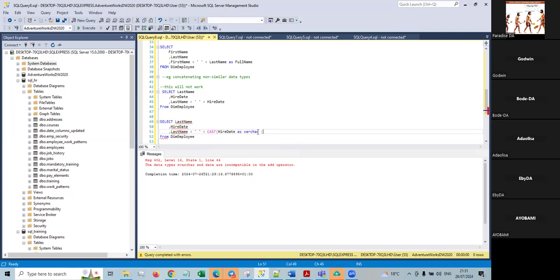Oh, 20 should be okay. That means we are telling it to take a variable character type of range 20. Right? And let's see what happens if we do that.